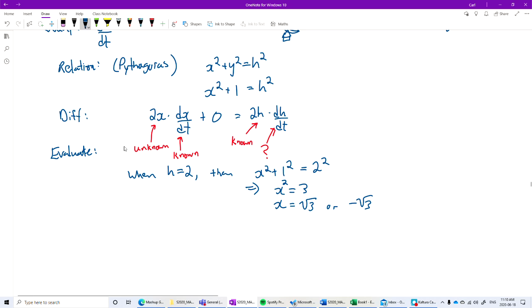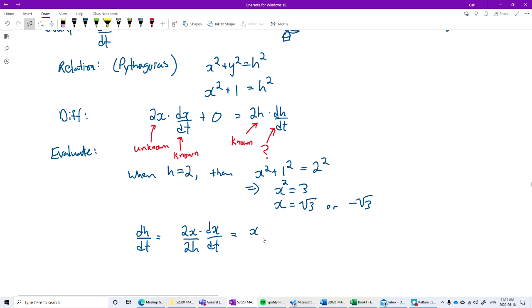Okay, so now let's evaluate. We'll solve for dh/dt. dh/dt is 2x dx/dt divided by 2h, right? I'm solving for that.